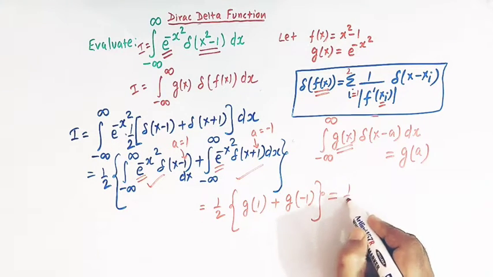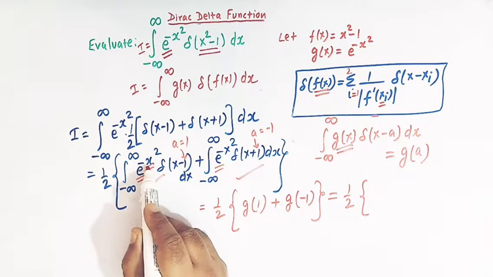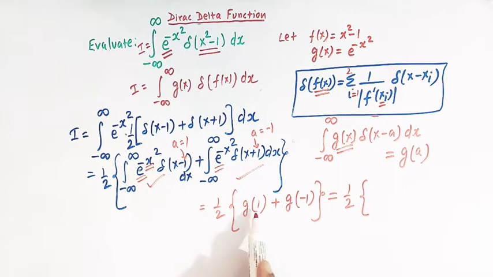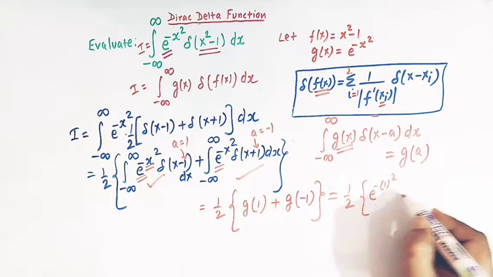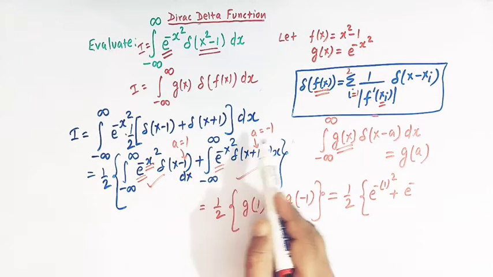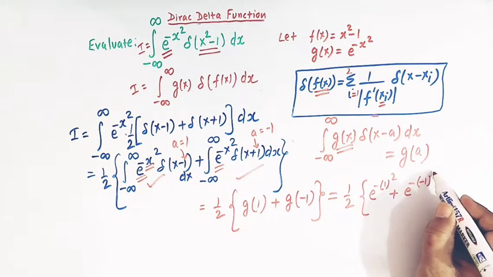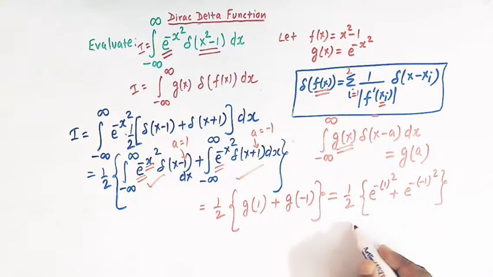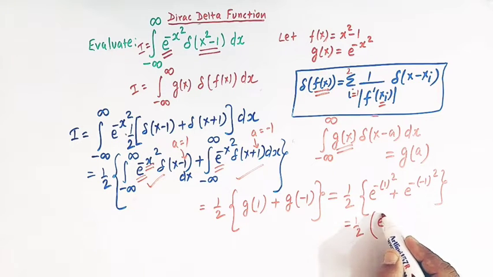So now we have half, and g of 1 can be obtained by taking x equal to 1, so we have e raised to minus 1 square, and here we have e raised to minus, and for x we have minus 1, so minus 1 square, right? So this is half, and 1 square is 1, so we have e raised to minus 1.